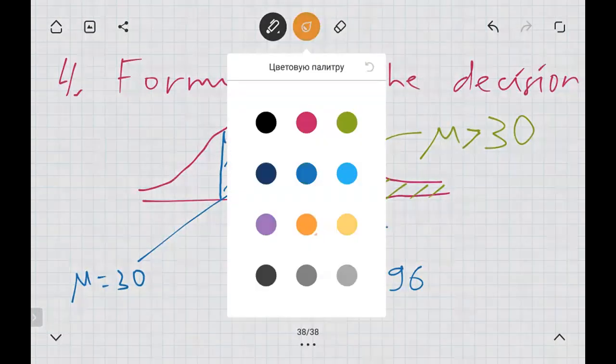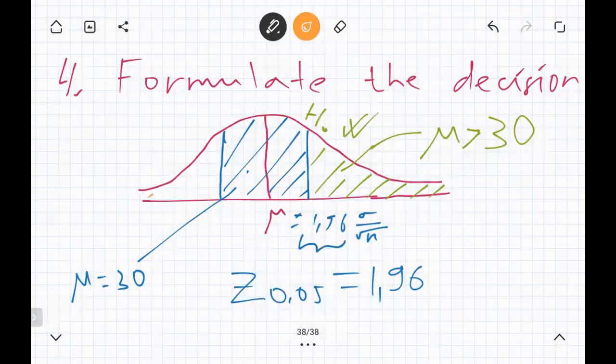And now, if my sample mean is somewhere here in the left tail, then it means that mean became less than 30. So in this case, we will reject the null hypothesis. We won't keep it. So now we have our rule.